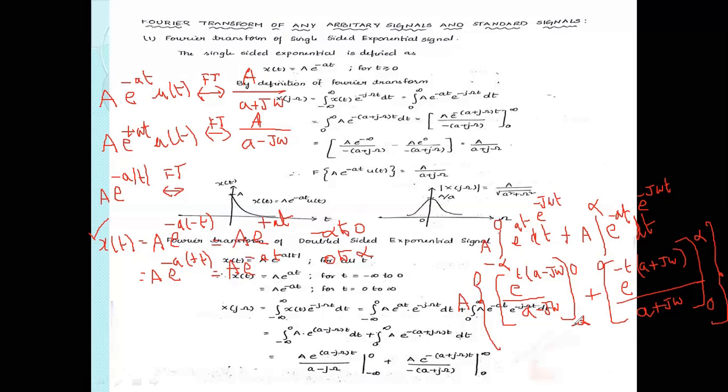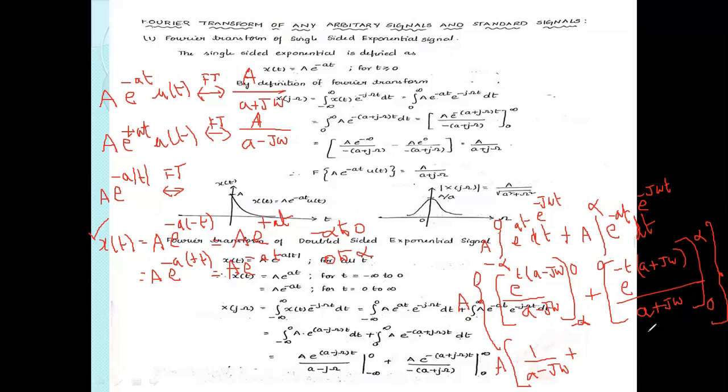For the first term, anything power minus infinity is 0, and for the second term, the upper limit, anything power infinity is 0. So a into 1 by (a minus j omega).